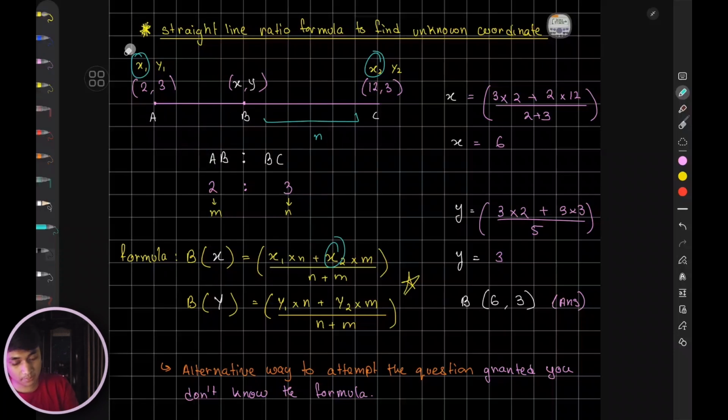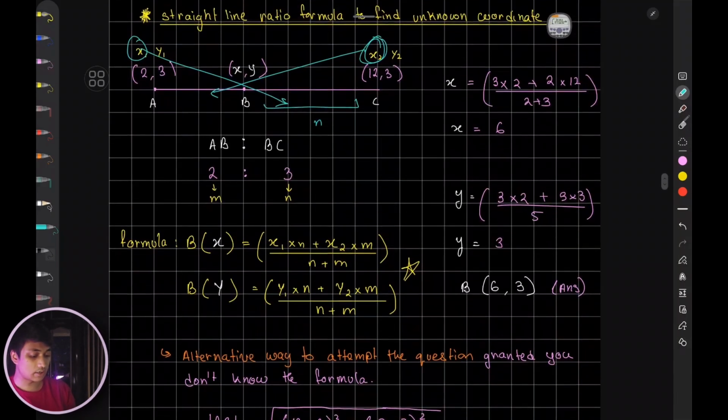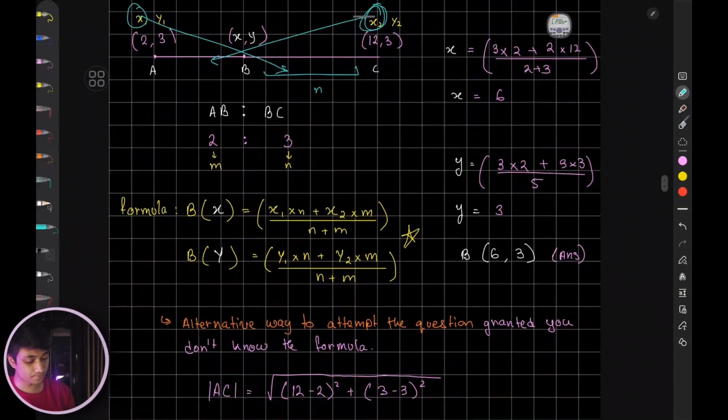So you're going to multiply one of the endpoints with the opposite ratio, which is m, and another endpoint with the opposite ratio. Great. You're going to add both the products, and you're going to divide by what? The total number of parts, which is 2 plus 3, 5. So m plus n. Okay. Fair enough. So you're dividing by 5 in this case, or the sum of the ratios.